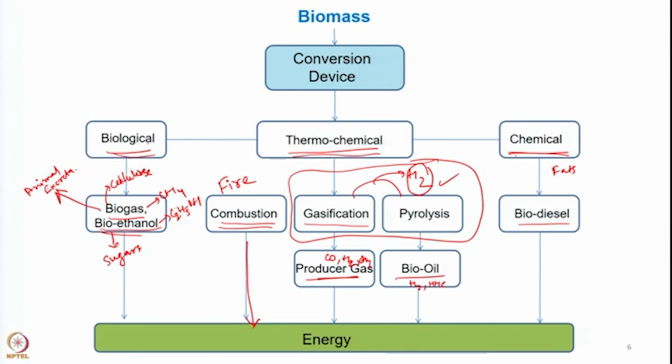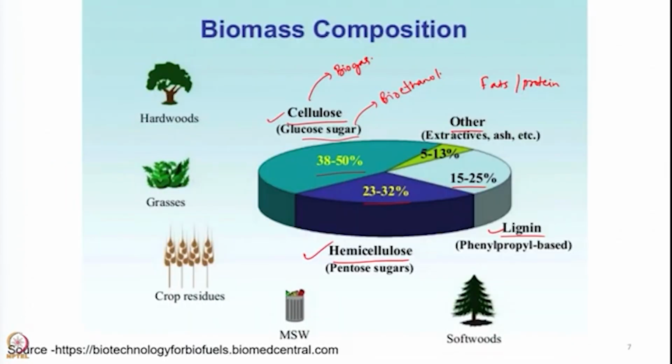The only limitation of the thermochemical pathway is that the feed should be dry. It does not matter how much cellulose, hemicellulose or lignin it has; if it is dry wood, you can burn it. But if it has a very high water content, say cow dung, which is a good source for biogas generation but has almost 70-80% water content, will you be able to fire it?